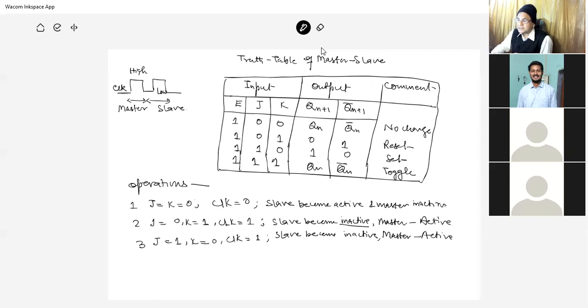Master active with this Q1. Q1 is 1 and Q1 bar is 0. While in the above case, that is here, it is Q1 is 0 and Q1 bar is 1. So it is opposite of that.